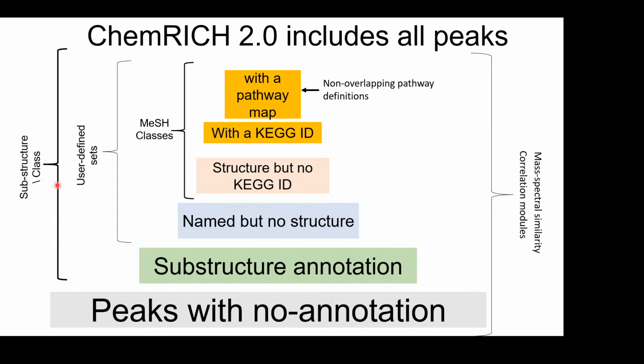Then substructure and class level sets for spectra and chemicals where we only have class level information. Then, to include peaks with no annotation, correlation modules and mass spectral similarity modules. So with these six approaches, we can basically include every detected peak into a set and use those sets for conducting set analysis. That way we do not miss any signal from an untargeted metabolomics data set.